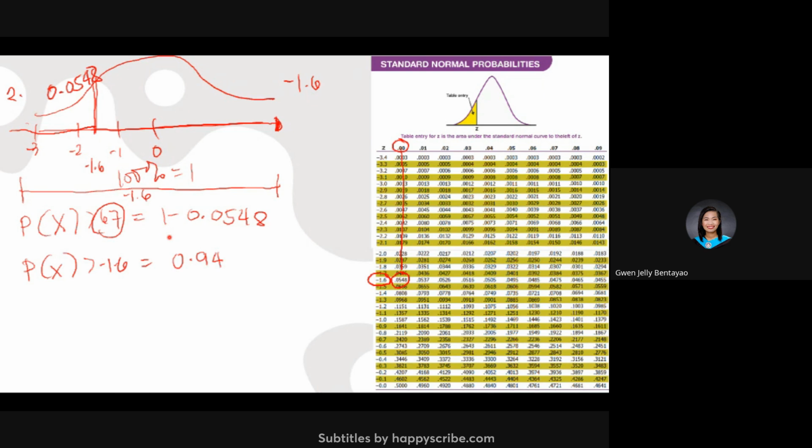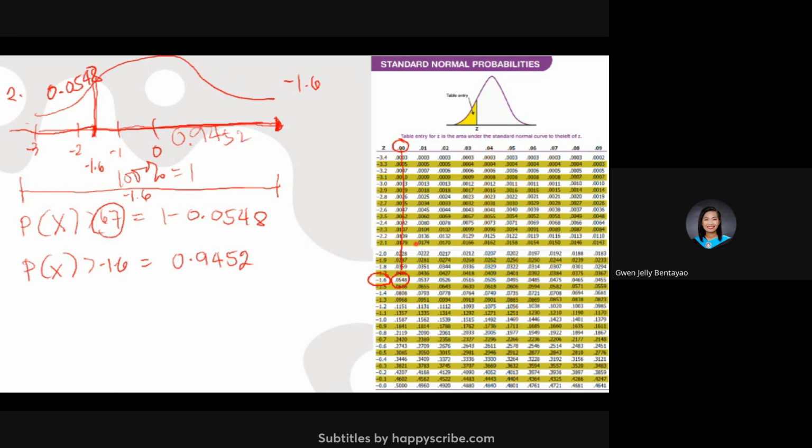Again, 1 minus 0.0548. That gives us 0.9452. Okay, so that means this area here from negative 1.6 to the right part of the curve is 0.9452.